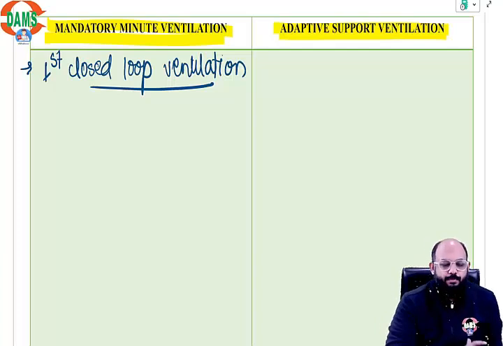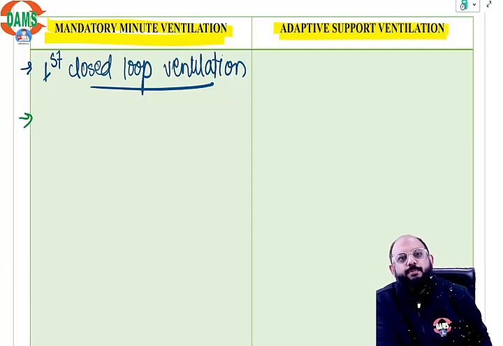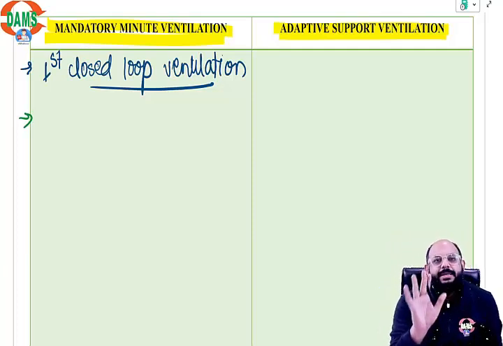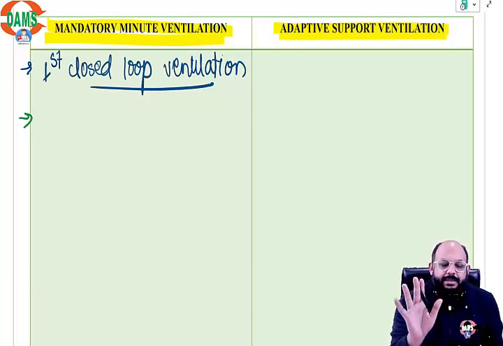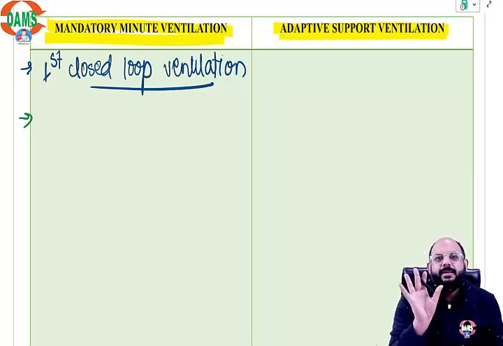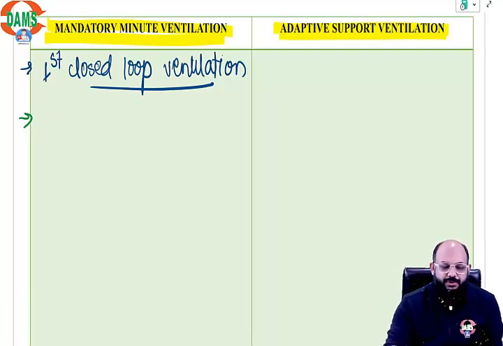That is closed loop mode. What it does is it allows the patient to breathe spontaneously with guaranteed minimum minute ventilation set by the clinician. And so here the most important thing is the minute ventilation, that ultimately decides the alveolar ventilation, that is oxygenation and the expulsion of CO2.